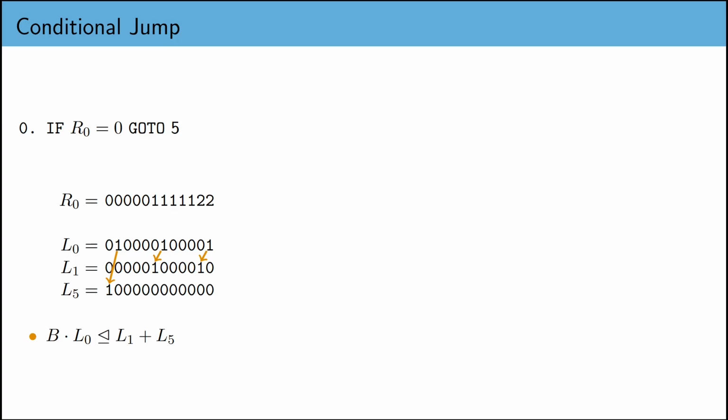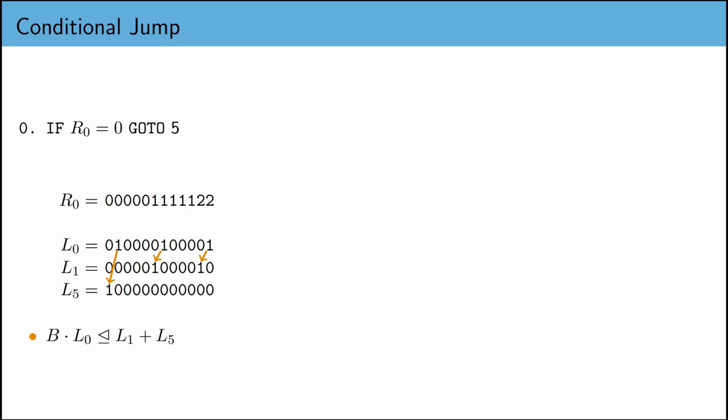If we shift our L0 over one place to the left, it lines up with the ones in L1 and L5. And again, just like in the go-to case, this is going to be an inequality and not an equality, since there might be other ways of getting to lines 1 or 5. For this particular program, there weren't, and we can see that these are equal looking at L0, L1, and L5 here.